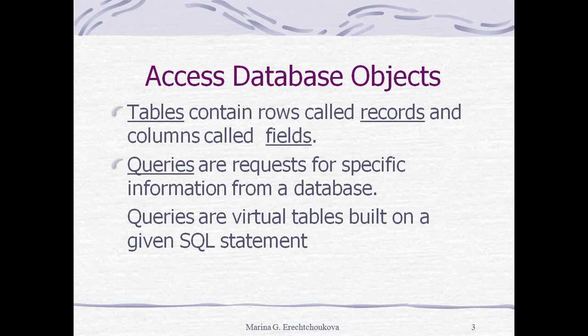Now, MS Access is not only about creating tables. MS Access creates tables and stores data. That is the primary job of MS Access, which stores data in tabular format.